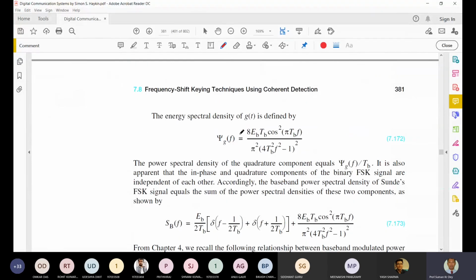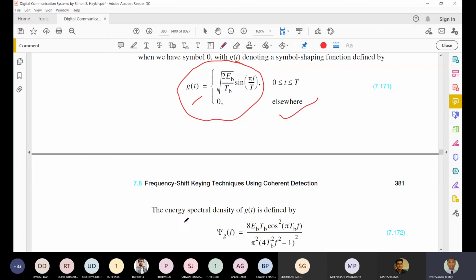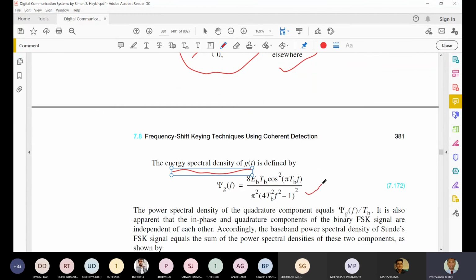Because this is the expression of g(t), if we do the Fourier transform and calculate the energy spectrum density, we will get that expression.